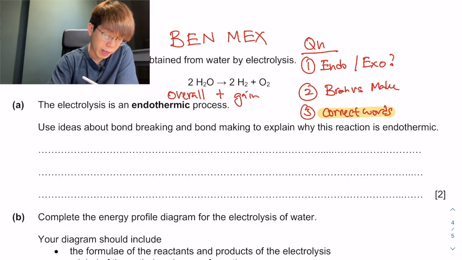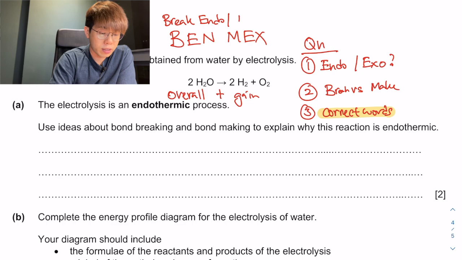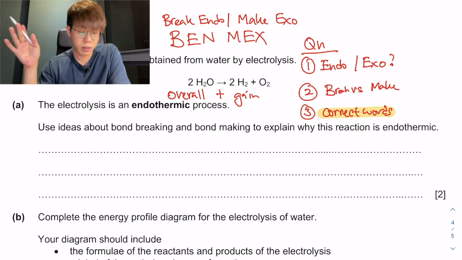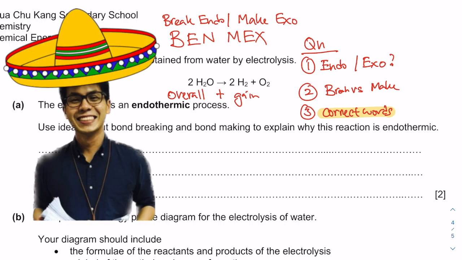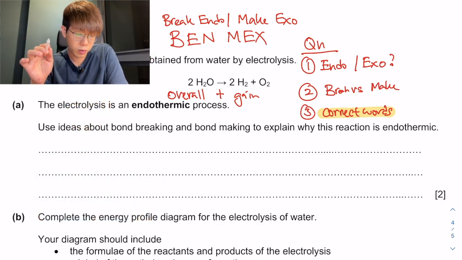Ben Max means if it is break, it is endo. If it's make, it is exo. Maybe I'll put a picture of me in a Mexican hat here. If it's break, it's endo. If it's make, it's exo.